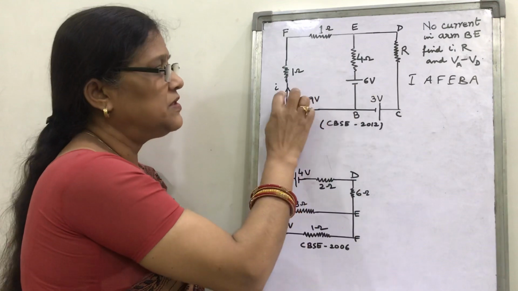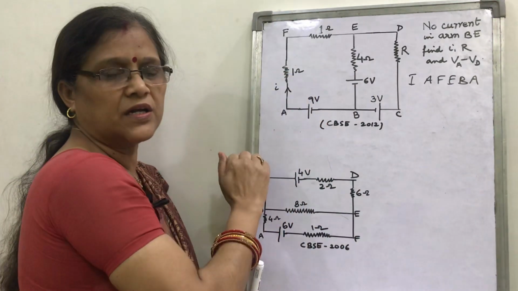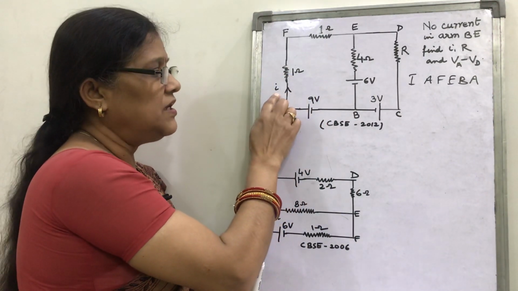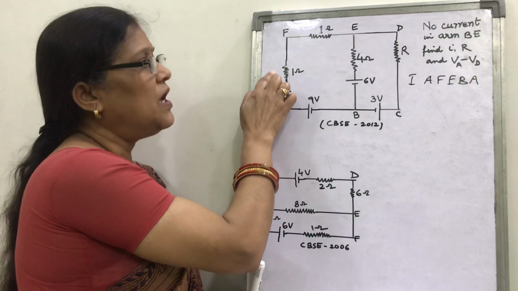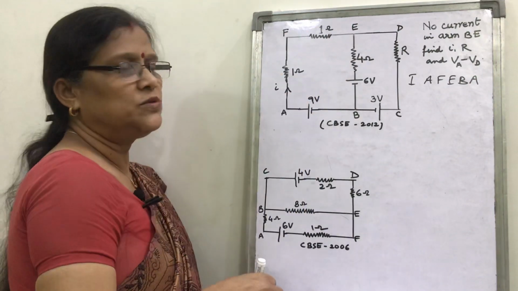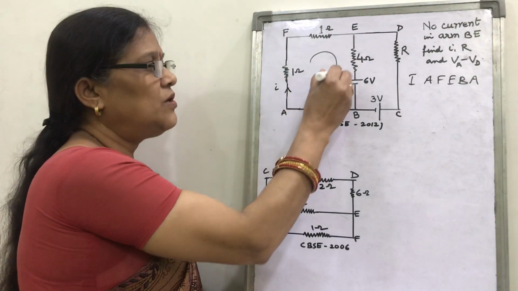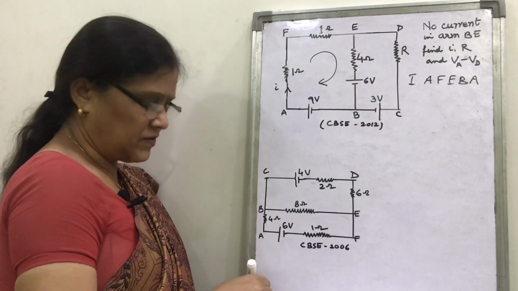What is potential difference? Multiplication of I into R. Here I is the current flowing through 1 ohm and also through the other 1 ohm. Suppose we move in the loop in the clockwise direction.